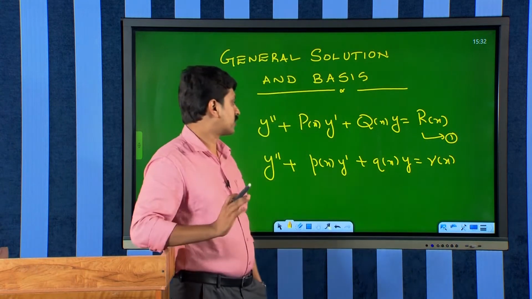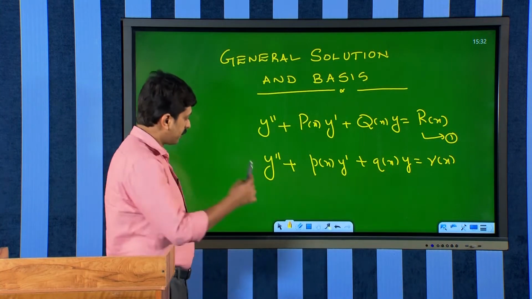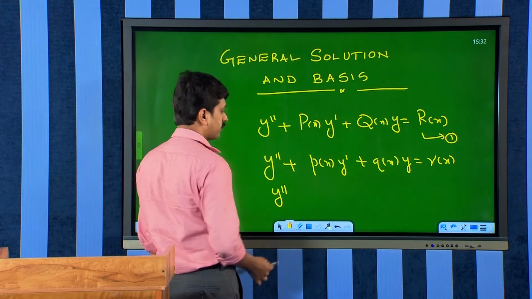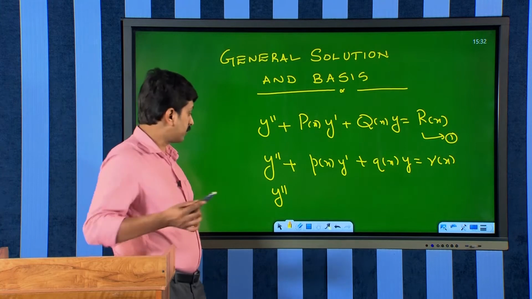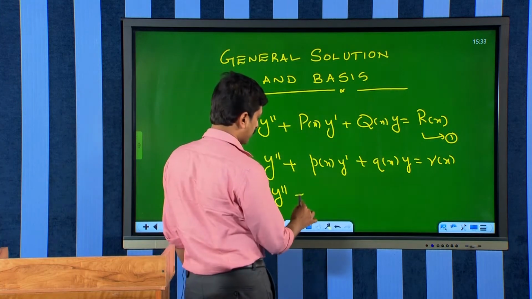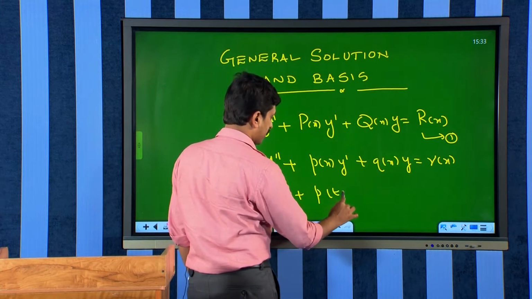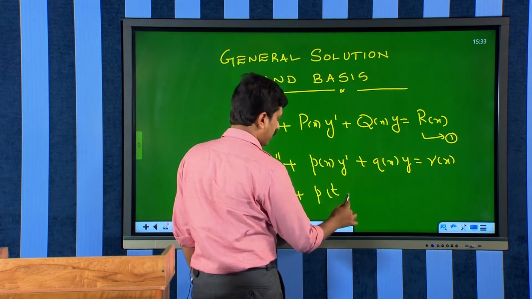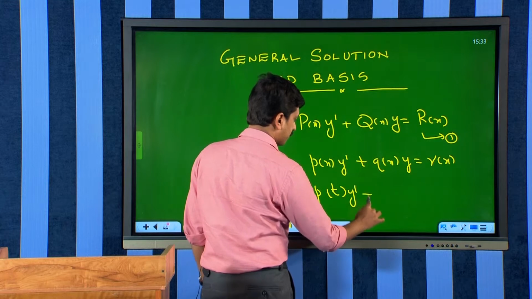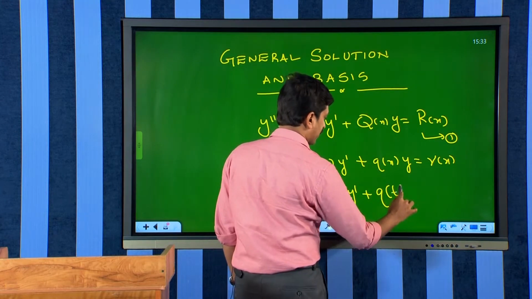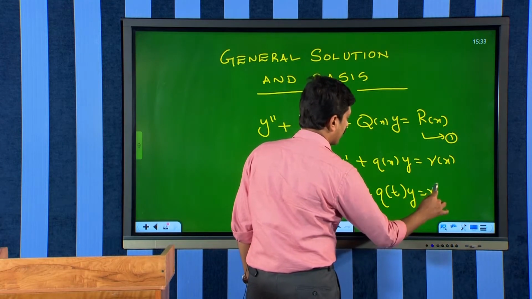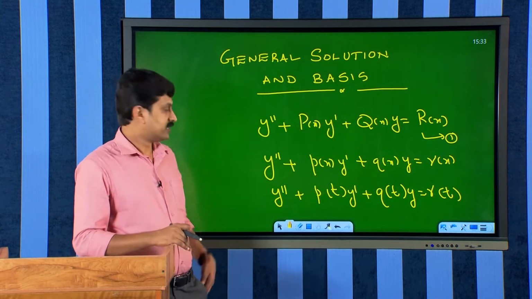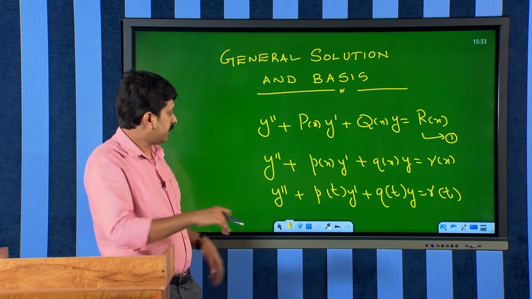Sometimes we may change the variable, instead of x and y, to y and t: y'' + p(t) y' + q(t) y = r(t).